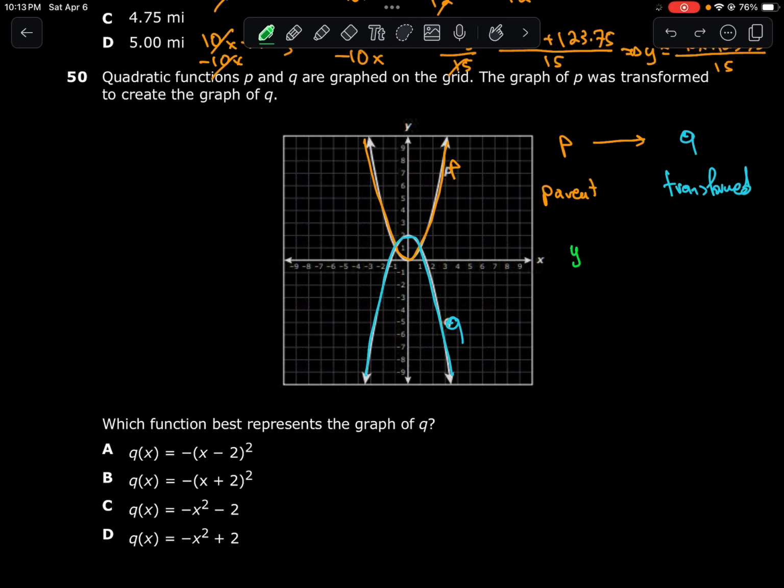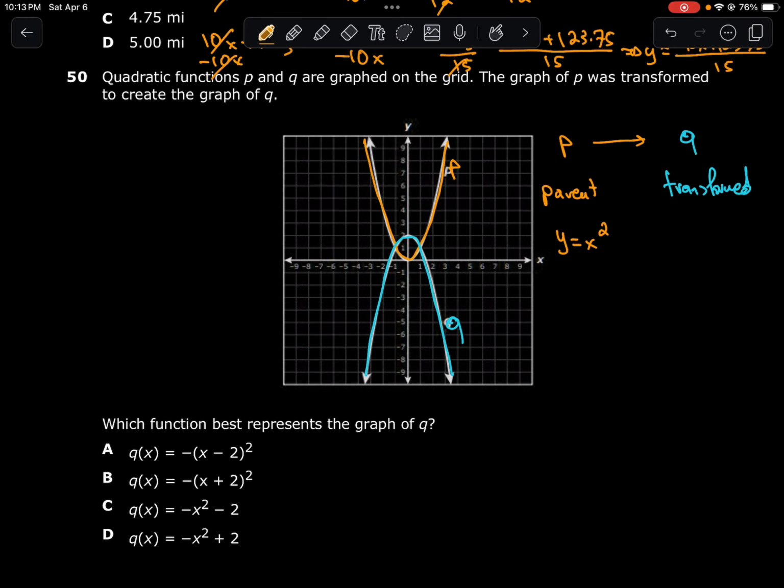Maybe I should put it with orange. That would be the parent quadratic. But then it's flipped and shifted. Now, what do I want? Do I want to flip it and then shift it, or shift it and then flip it? It depends. It matters.